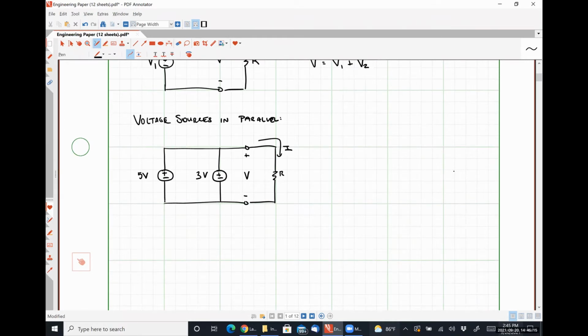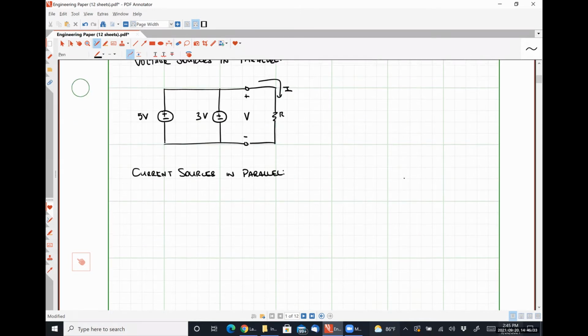Now let's look at current sources. And we're going to look at current sources in parallel first. So let's say I have some current source I1, some current source I2 connected to my loading resistor R. As a simple application of Kirchhoff's current law, we should easily be able to determine what our equivalent current seen by the resistor is in this case, right?